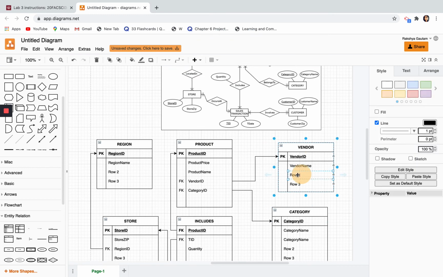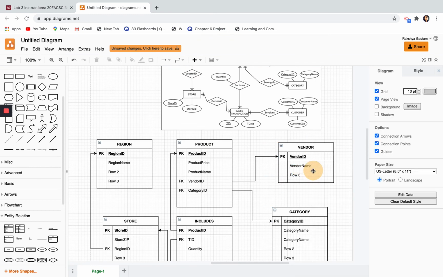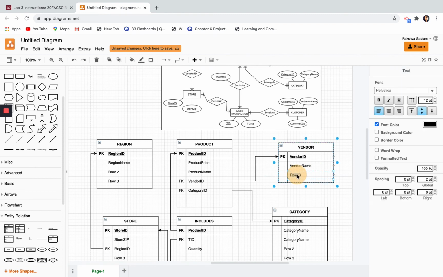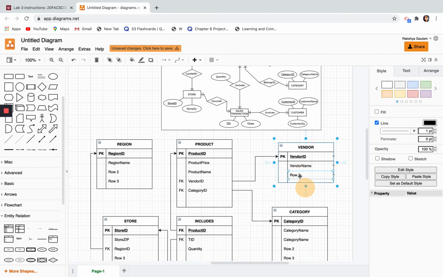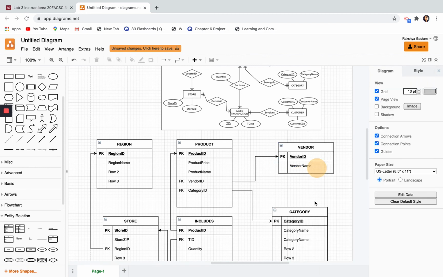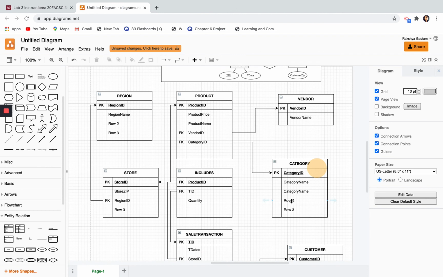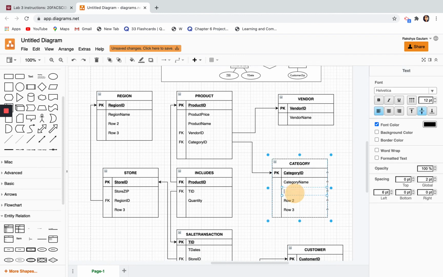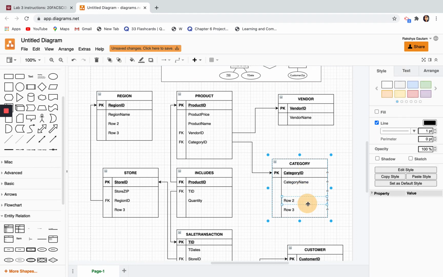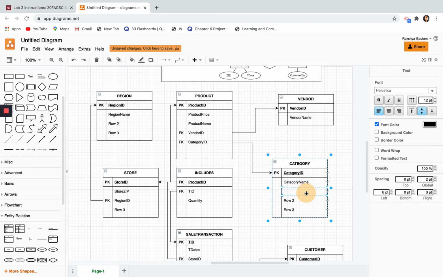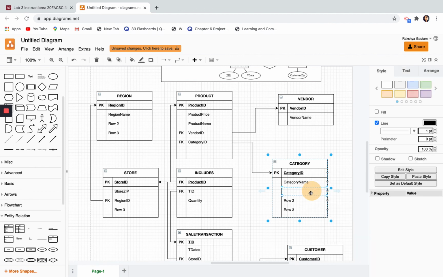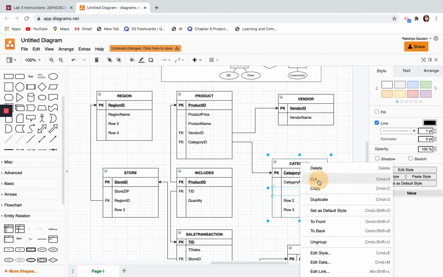Let me delete this row because I think we don't need that, and we also don't need this.